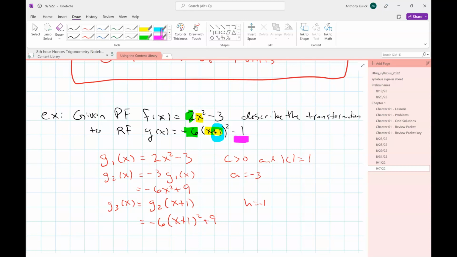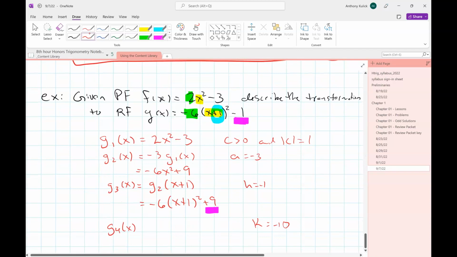And we have to end up at negative 1. We're currently at plus 4. What does my k need to be? Negative 10. Let's write it that way.